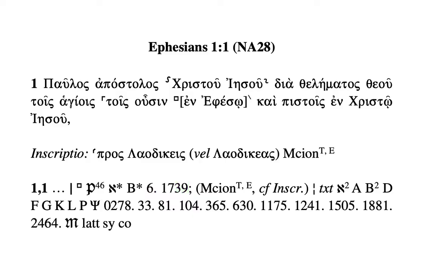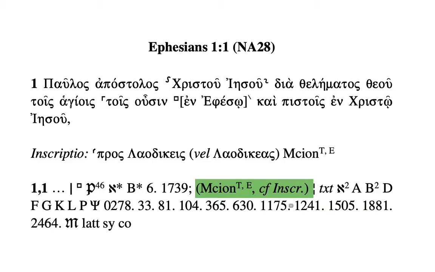And then what's left here is a reference to Marcion, the 2nd century heretic, who is a witness to the omission of ἐν Ἐφέσῳ. But we don't have his works directly. We have them mediated through Tertullian and Epiphanius. And that's what the T and the E stand for.